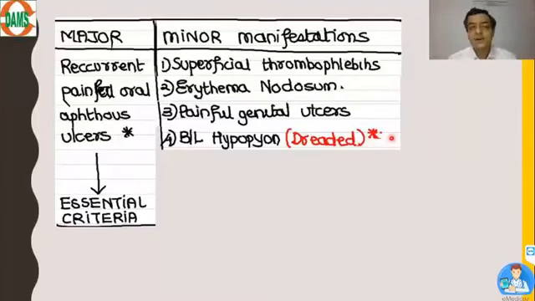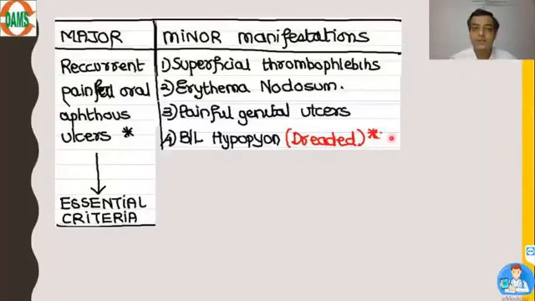Please remember, the first disease we discussed today, giant cell arteritis, can also cause blindness. Last disease of the day, Behçet's, also can cause blindness, but the mechanism is different. In GCA, blindness was due to ischemia.